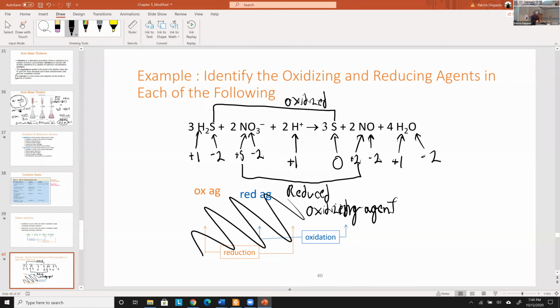Oxidizing also means you're gaining oxygen, which the sulfur is not gaining any oxygens, but it also means losing hydrogen. In this case, it's losing hydrogen. You see how it has 2 hydrogens here, and here it has 0. So that's another way of thinking about redox by that definition. So also, since it's oxidized, it is the what agent?